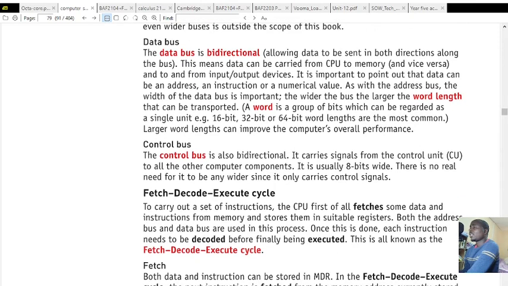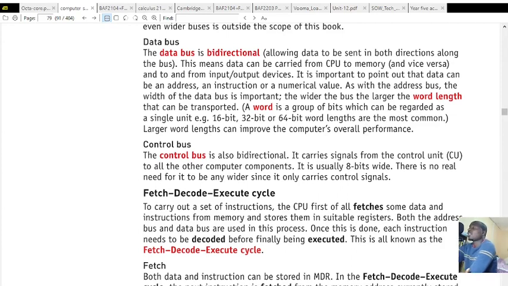So let's look at the control bus. The control bus is bidirectional, so it carries signals from the control unit to all other parts of the computer, and it is usually 8 bits wide. So there's no need for this bus to be bigger than that, because it's primarily used to coordinate the other components of the central processing unit and the computer through sending of signals.